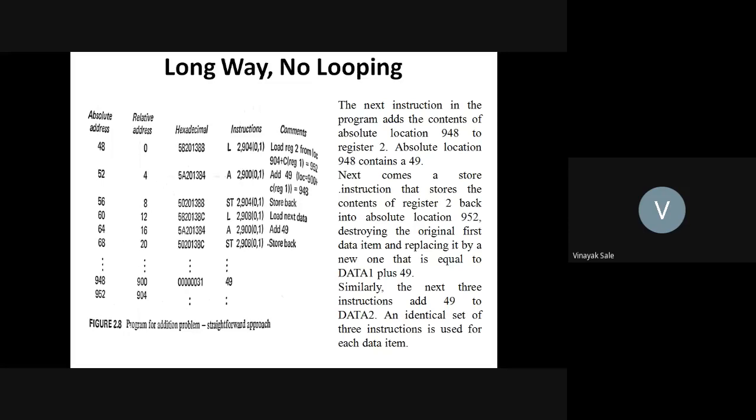So the next instruction in the program adds the contents of absolute location 948 to register 2. The absolute location 948 contains the 49.